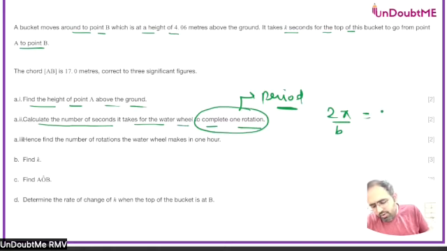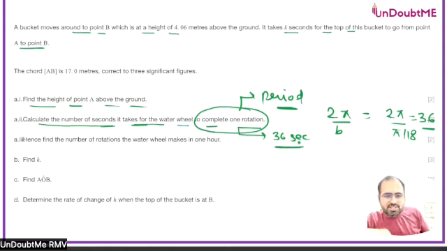All you need to do for this question is 2 pi by 18. When you solve it, pi cancels, and 2 times 18 is 36. So the number of seconds it takes for the water wheel to complete one rotation is 36 seconds.